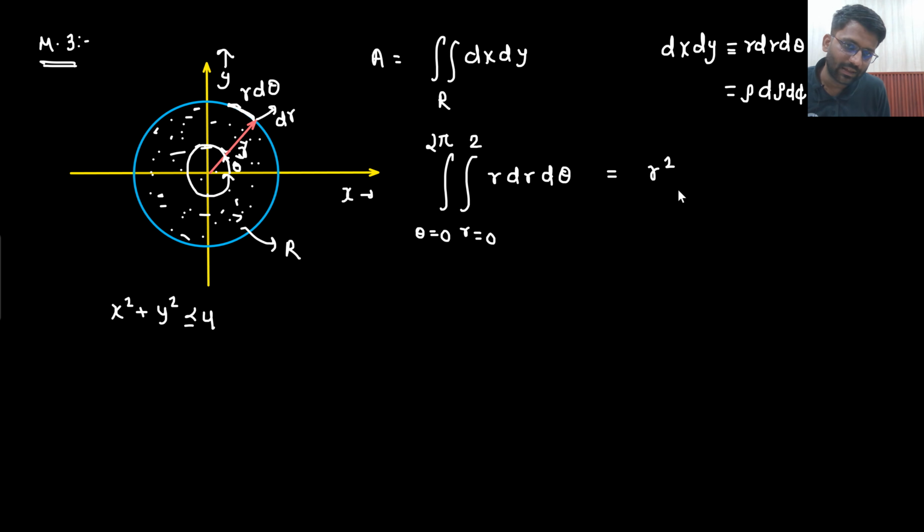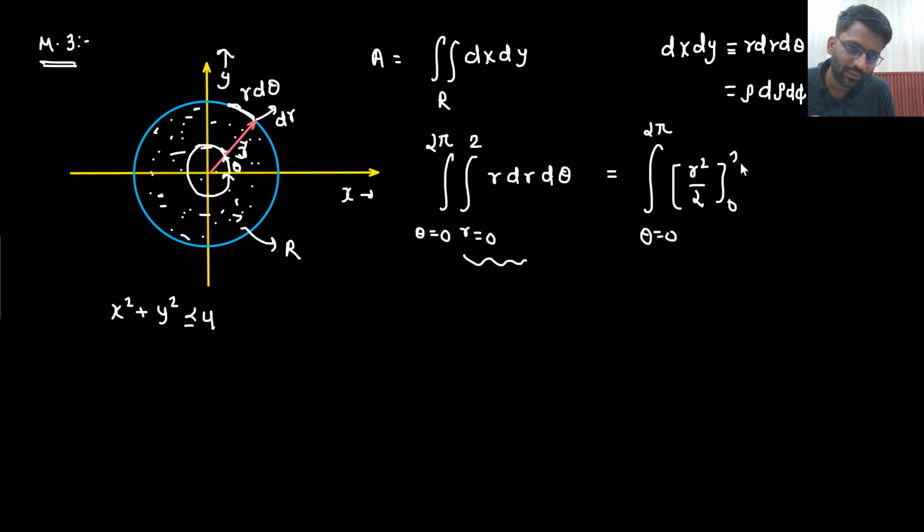So what will be the answer? First I will solve the limit of r. Theta going from 0 to 2 pi will remain as it is. r dr would be r square by 2, with the limit going from 0 to 2, d theta. So 4 by 2 will be 2.